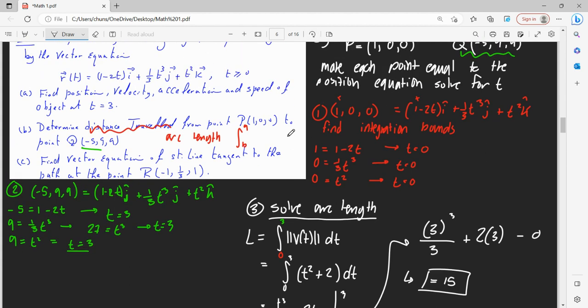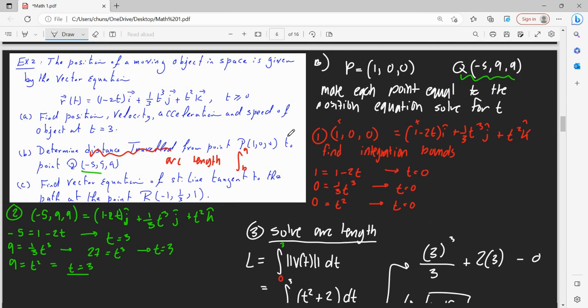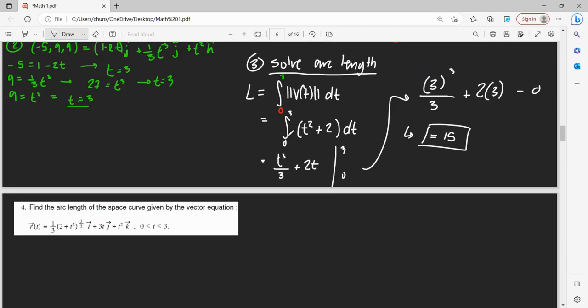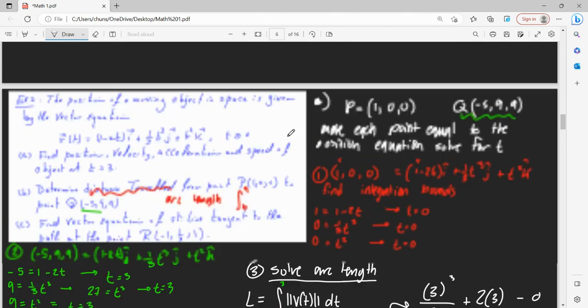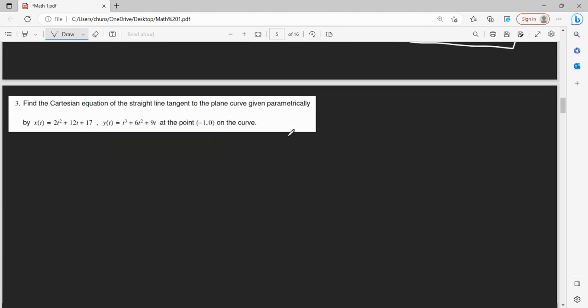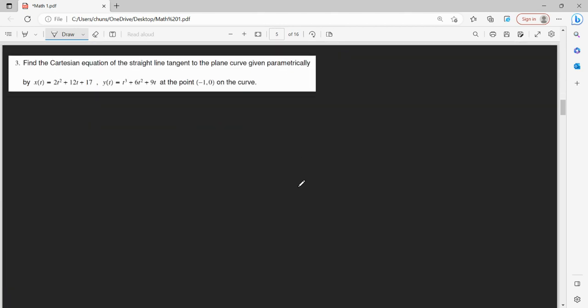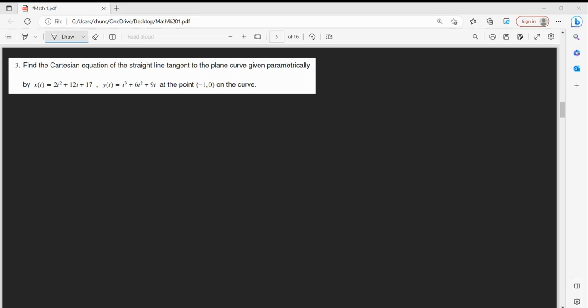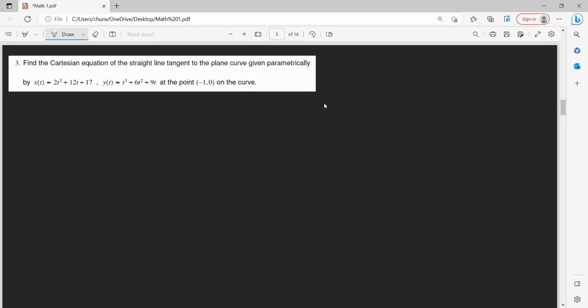All right, so that is how to use 2 points to find something like that. Let's see, I want to revisit question 3 again. For this question, the first thing that we will need to do is find our value of t.